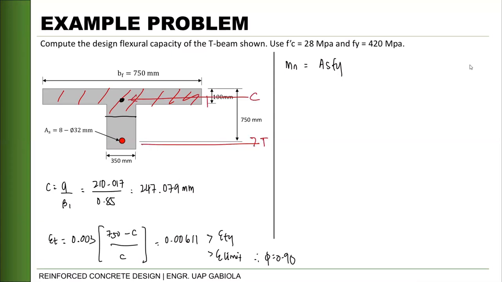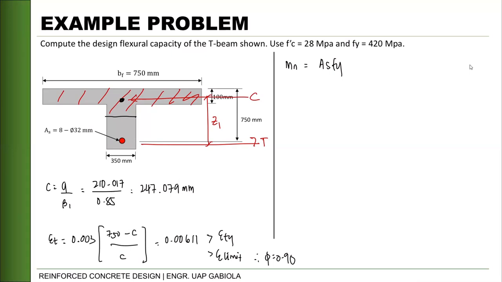So, we need this moment arm. Let's call it Z1. So, we need to identify first, we need to locate the neutral axis of the section, the shaded portion.